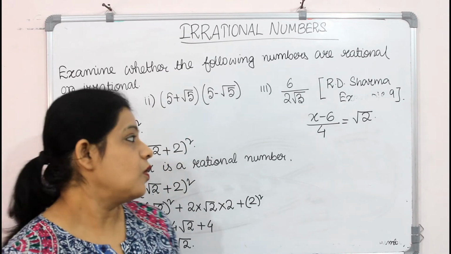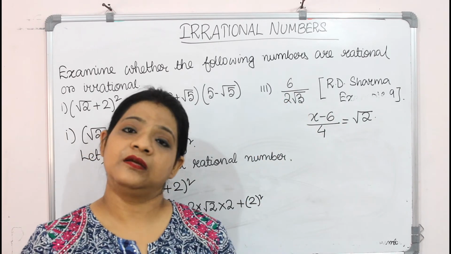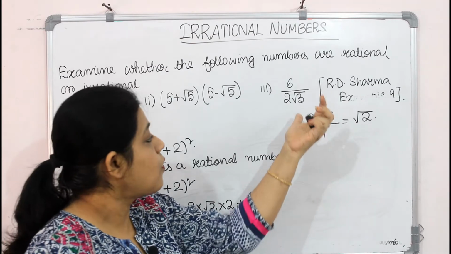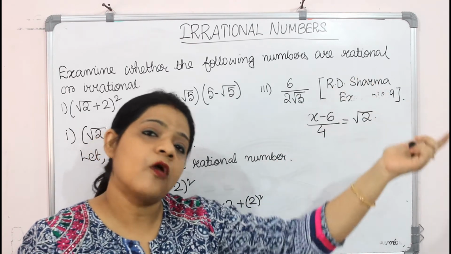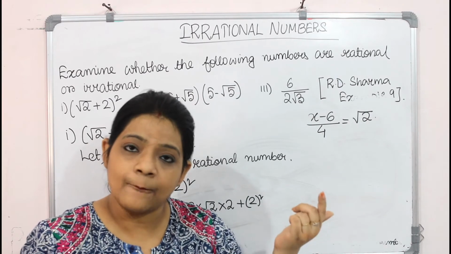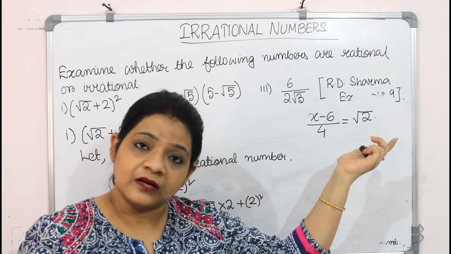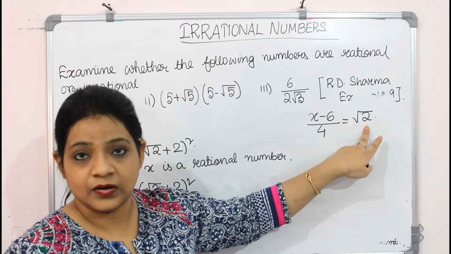Isn't it? So we cannot, so x has to be an irrational number. If you are subtracting a rational number from an irrational number, it will give you an irrational number, isn't it? So you are already getting this as an irrational number, right?